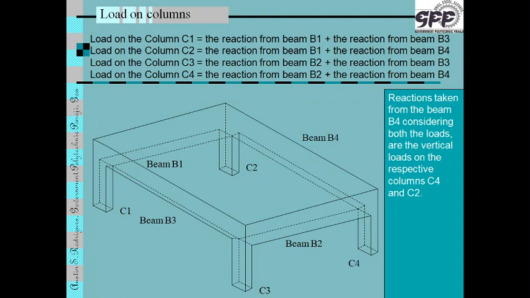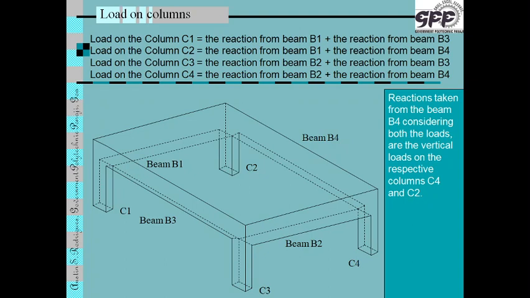Adding these two, we get the load on the column C2. Load on the column C3 is the reaction from the beam B2 plus the reaction from the beam B3. And similarly, the load on the column C4 is the sum of the reactions from the beam B2 and that from beam B4.